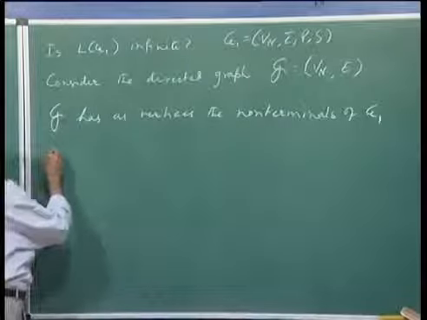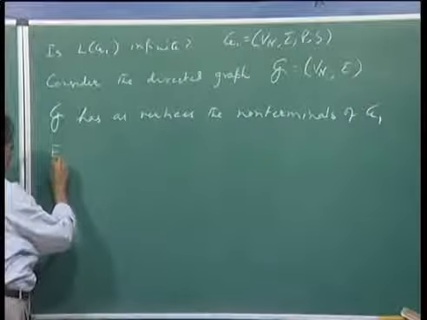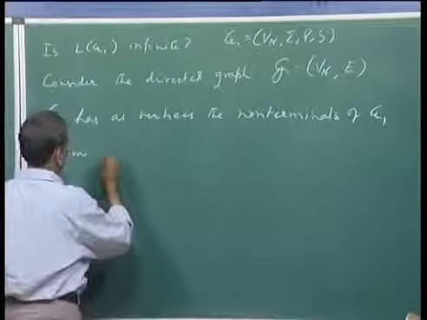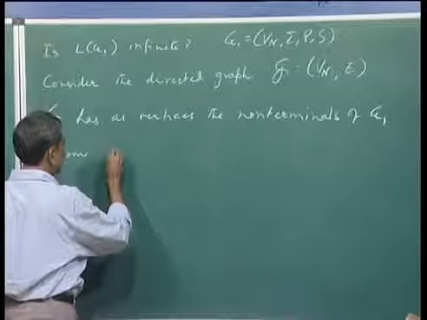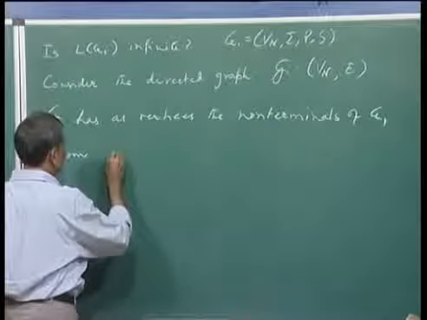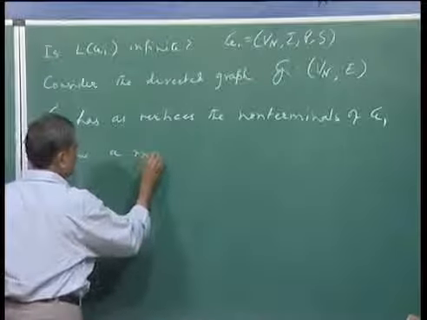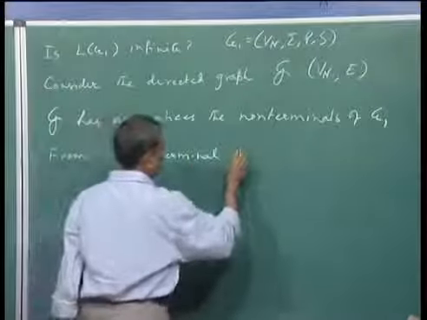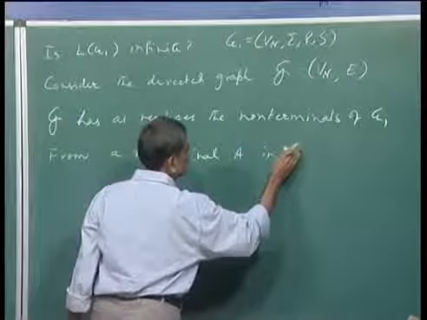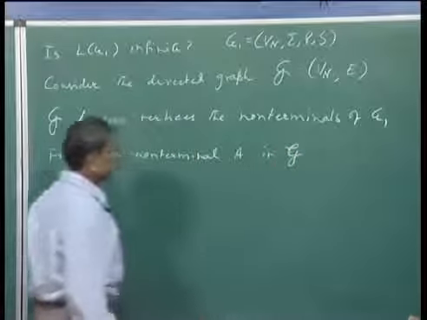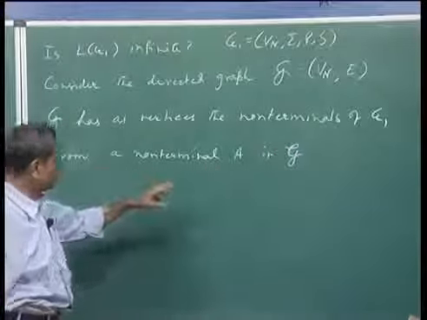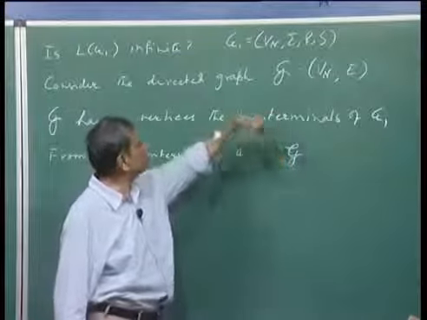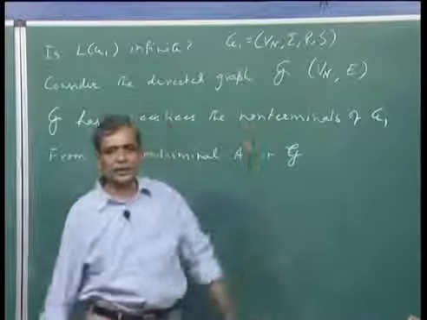Now, let us say a non-terminal A in G. Remember, a non-terminal has two roles: one as a vertex of this graph G, and of course as a non-terminal of the grammar G1.